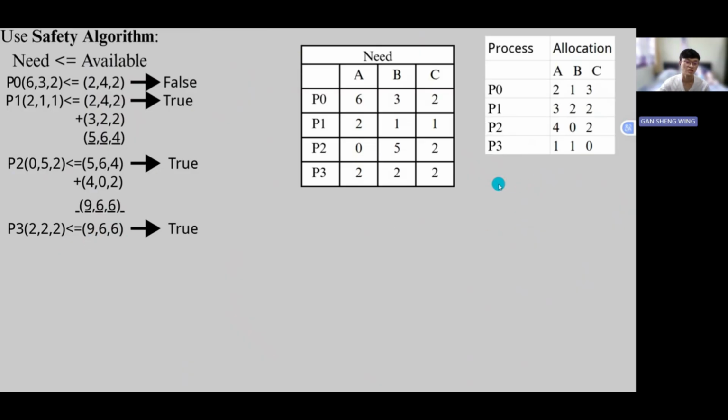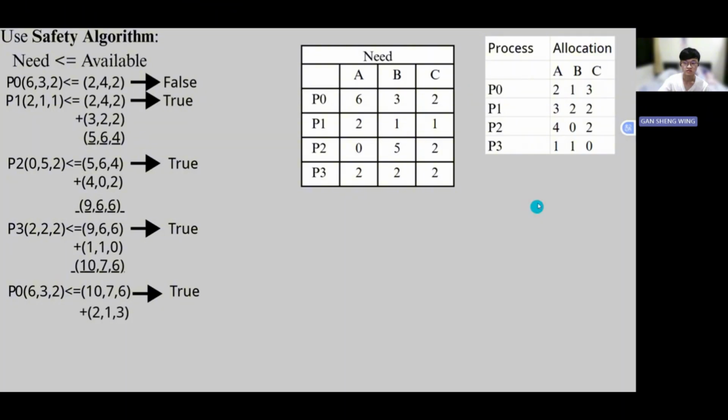We add the allocation of P3, 110. Then we go back to P0 to see whether P0 is smaller than the new available or not. 6 is less than 10, 3 is less than 7, 2 is less than 6. So that is true. We add the allocation of P0, 213.